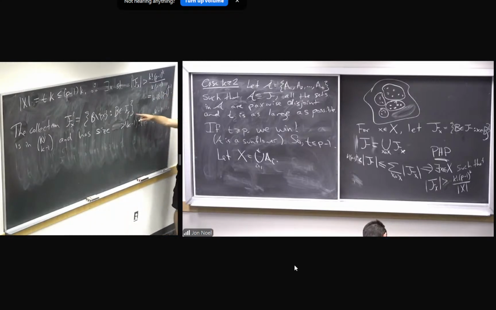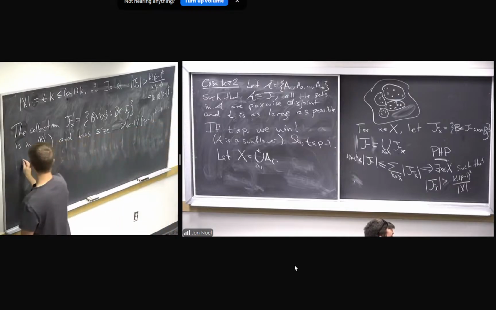You maybe have to think a little bit that this operation doesn't cause two sets to become the same set. Generally, if I just pluck things out of two sets, they could become the same set. But because all the sets in fx are distinct, and they all contain x, taking out x from both of them can't make them into the same set, right?